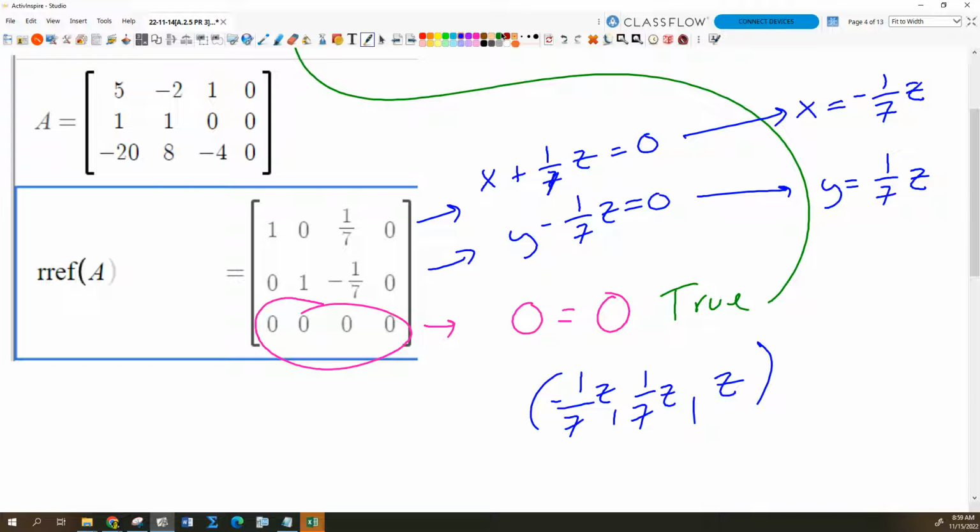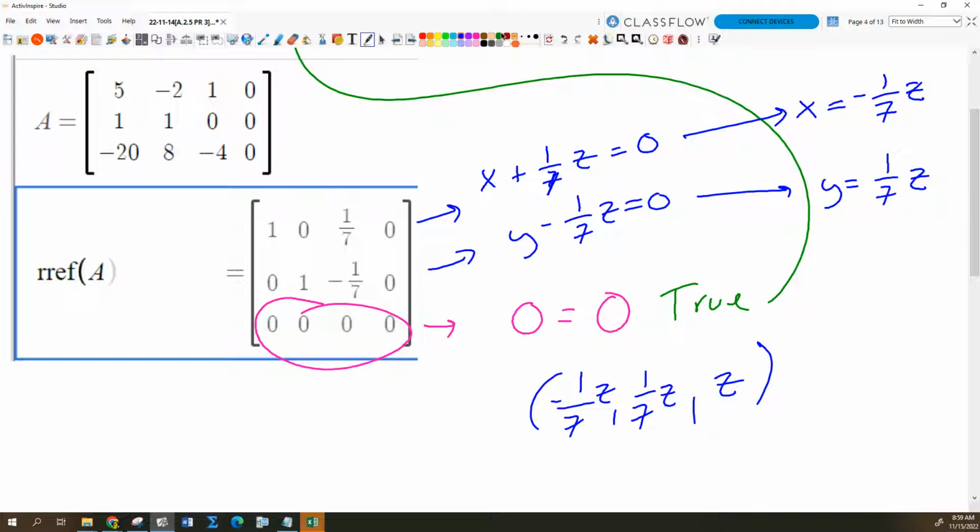If z were the number 7, then x would be negative 1/7 times 7. That would be negative 1. Y would be positive 1. So I'd get the ordered triple negative 1, 1, 7. If z were 14, we'd get negative 2, positive 2, 14. So it's going to give us an infinite collection of ordered triples.